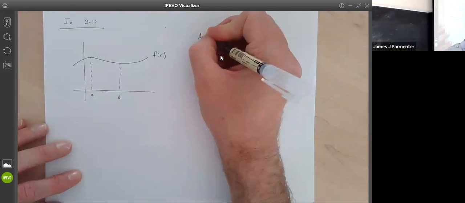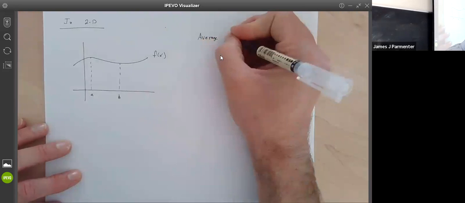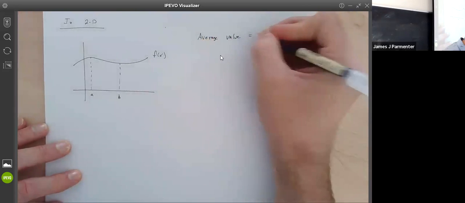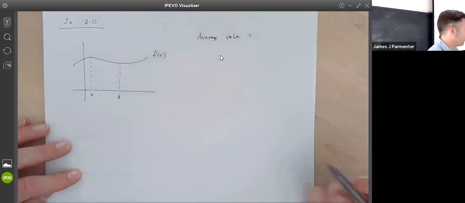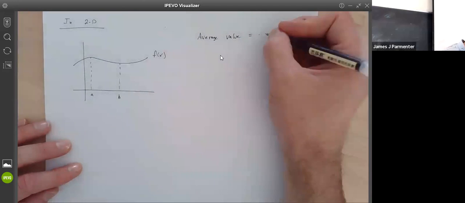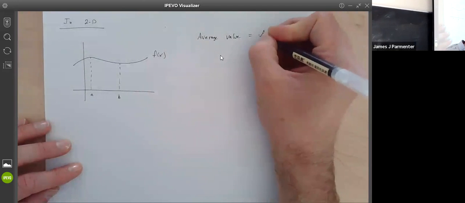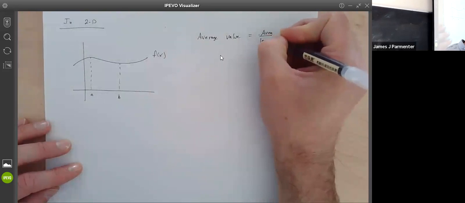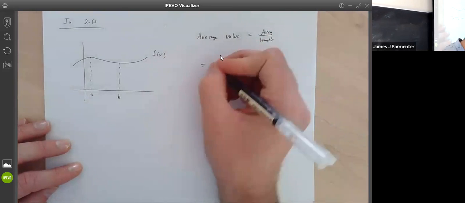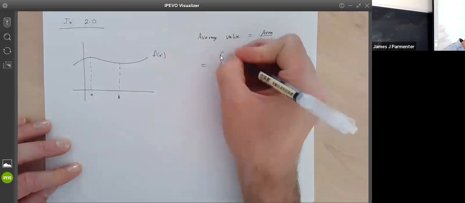Well, the average value is going to equal the total divided by the length. It's going to equal the area divided by the length, which in this case is going to be, well, the integral is the area under the curve.